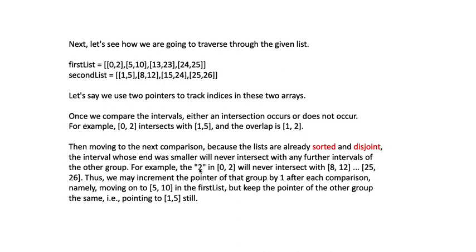For example, the [0, 2] will never intersect with any other elements of the other group. Thus, we may increment the pointer of that group, the first list in this example, by 1 after each comparison, namely moving to the next element in the first list, but keep the pointer of the other group, the second list, the same, so it still points to the first element.